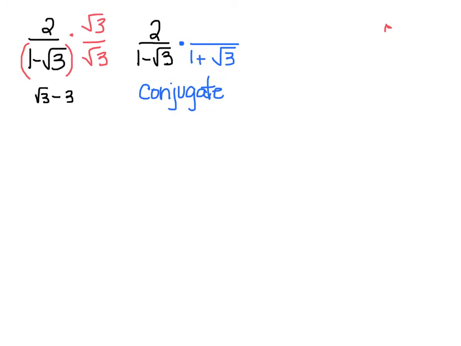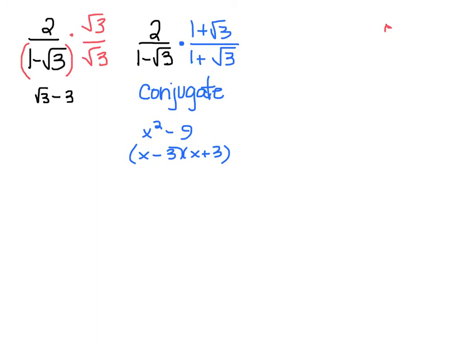And if you remember when we were factoring perfect squares, x minus 3, x plus 3, these are conjugates. The x and the 3 stay the same, one negative in the middle and one positive in the middle. So notice this was a negative, so I'm just going to make it a positive. But if I do it in the denominator, I need to do it in the numerator as well.